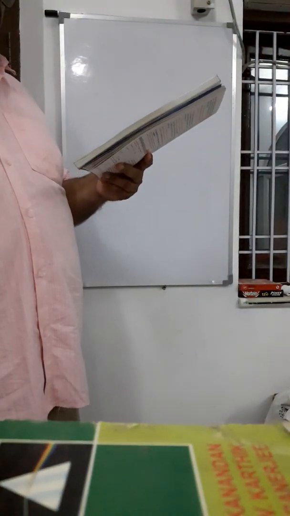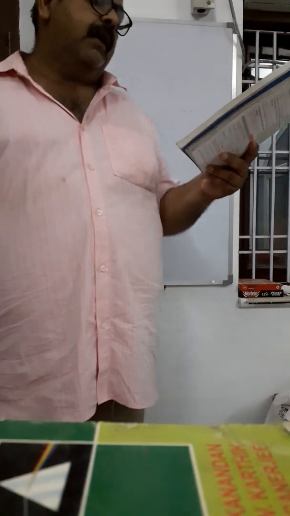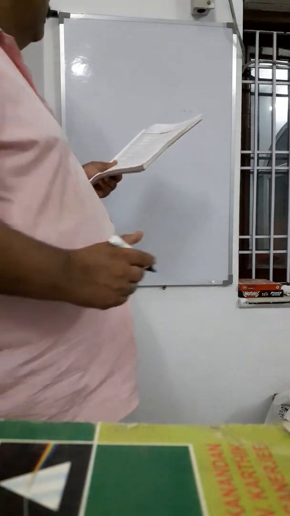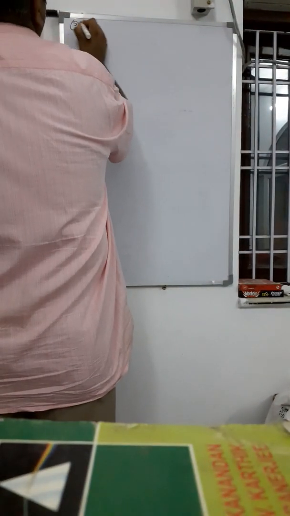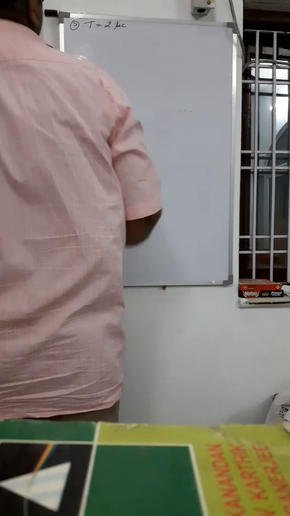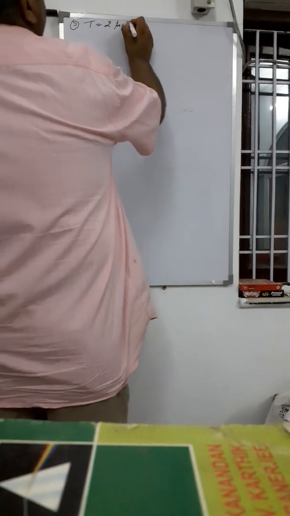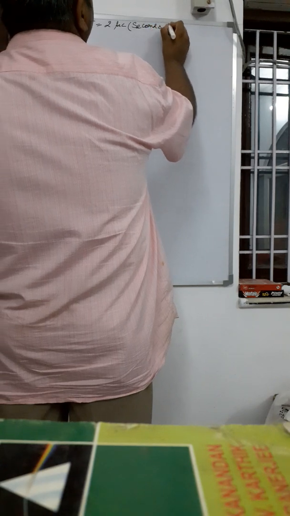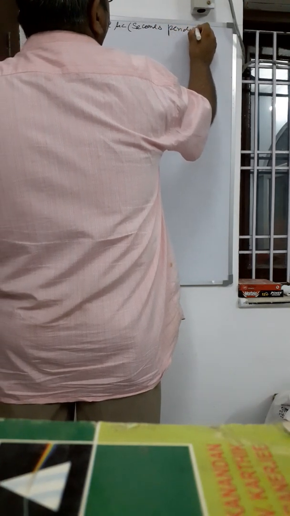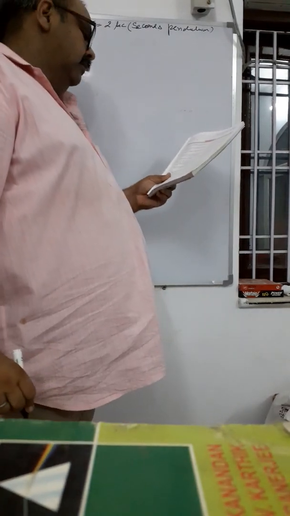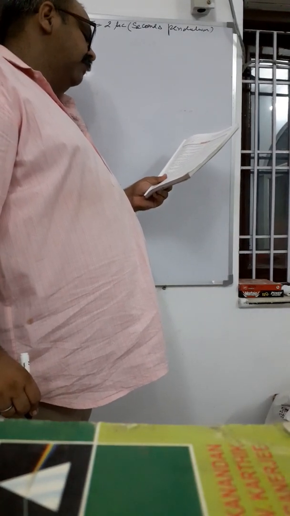A seconds pendulum is taken to a place where acceleration due to gravity falls to 1/4. Seconds pendulum means the time period of this pendulum is given as 2 seconds. It is given this name because it is given as seconds pendulum, 2 seconds.